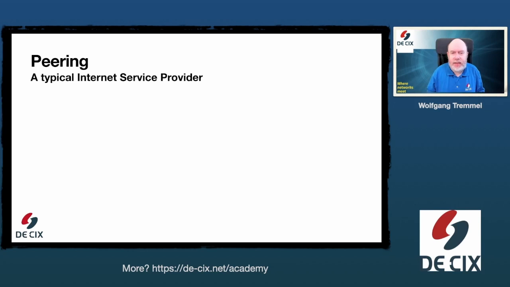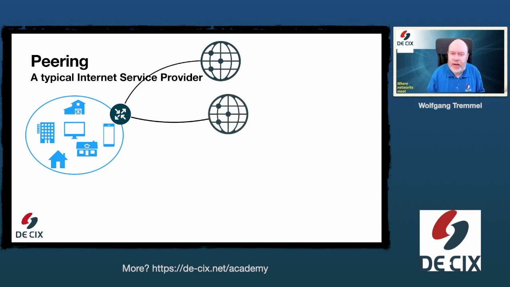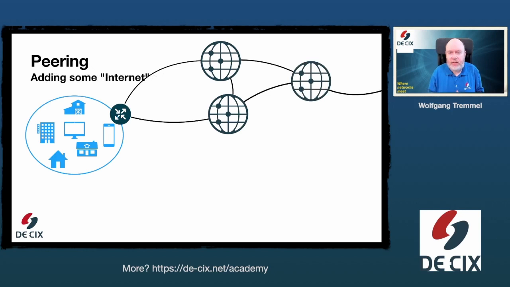Let's have a look at a typical internet service provider. Here, the blue one, all kind of customers, domestic, businesses, mobile, and so on, and connected to the outside world to 2 so-called upstream providers. Other ISPs delivering internet connectivity to this provider. And these upstream providers also are connected to other providers.